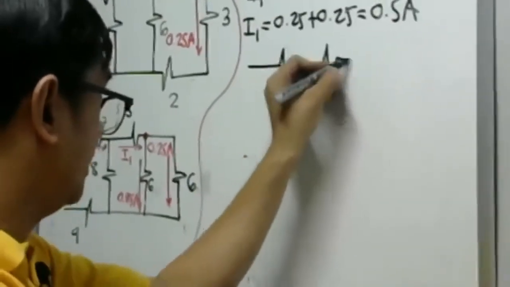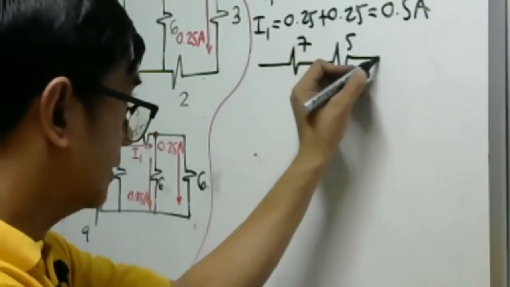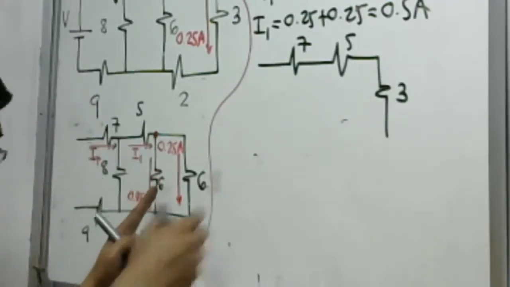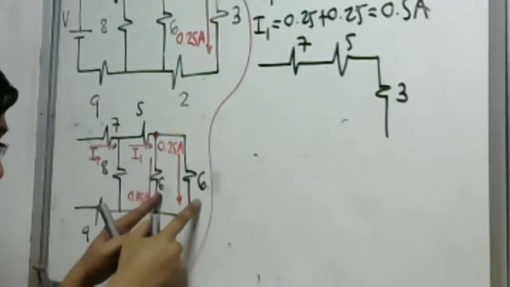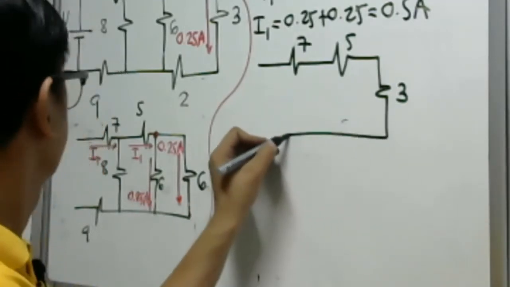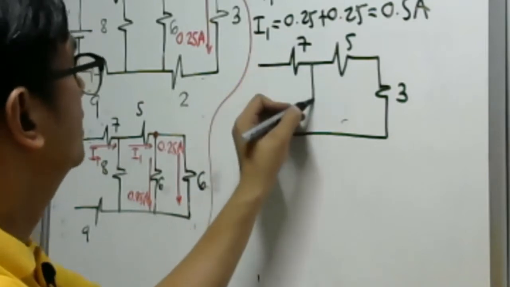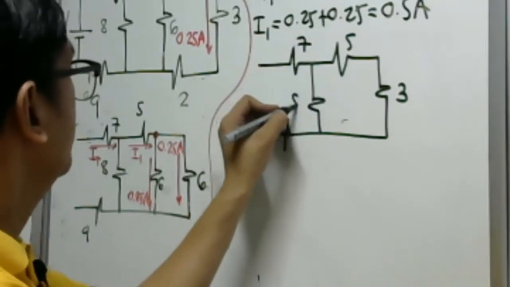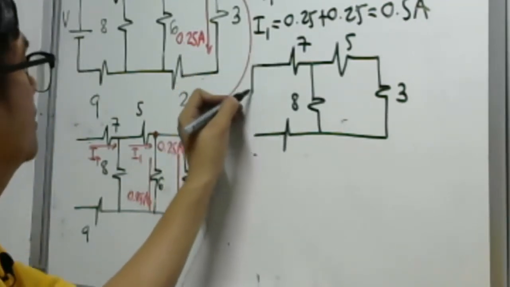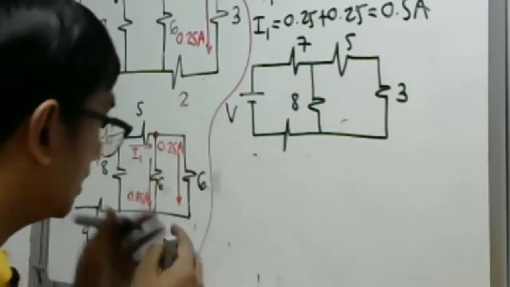We have 7, we have 5, then we have here 3. This is now the equivalent of these two resistors. Then we have the 8 ohm resistance, 7, then we have 9. Of course, we have a voltage source here, voltage V.